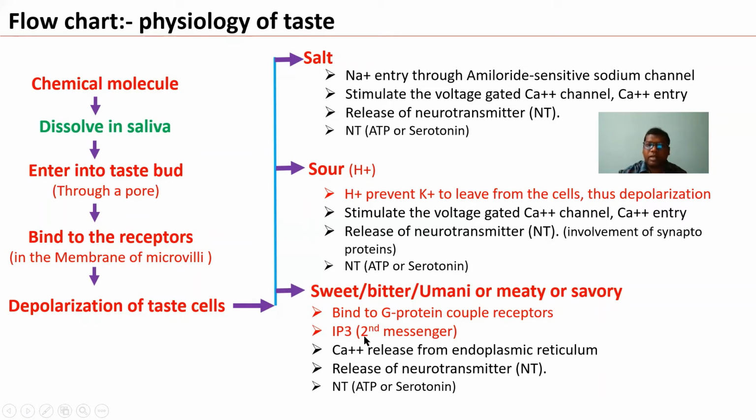This is the second messenger. This IP3 directly stimulates calcium release from the endoplasmic reticulum. When calcium comes from the reticulum, it causes synaptic vesicles to fuse and release neurotransmitter and stimulate the sensory neuron.